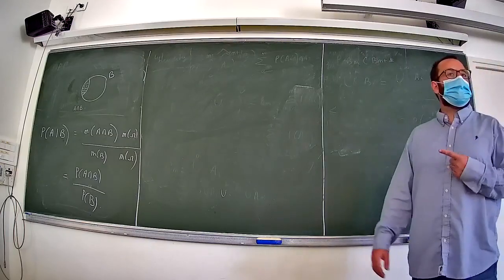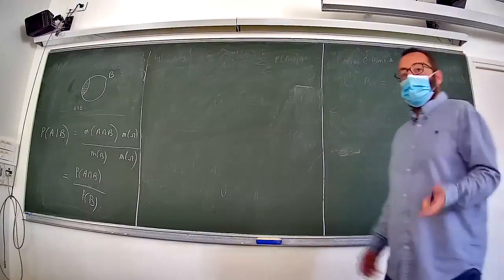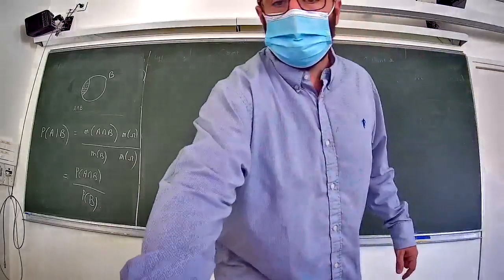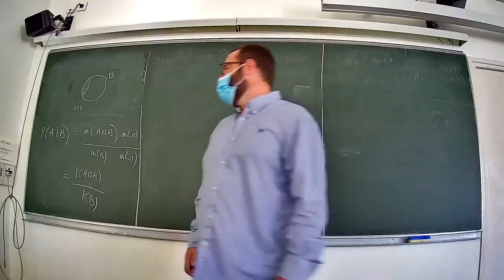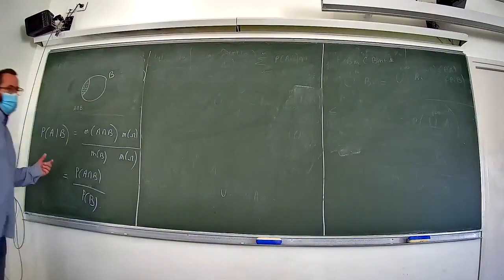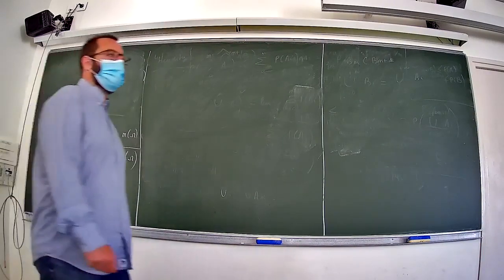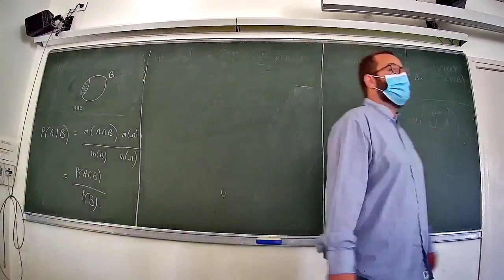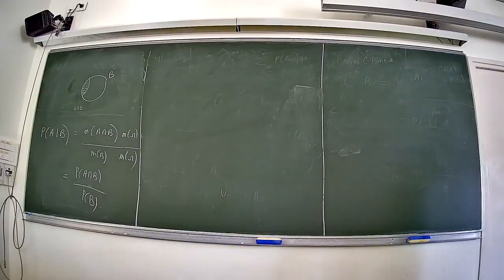Is my little introductory intuition okay for everybody? So now I can pass to the definition, that is not an abstract one because it is related to what I have said here. I define the conditional probability of A given B by the probability of the intersection over P of B. And of course, if I want to do this, I need to suppose that P of B is not 0 because I want to divide by it.